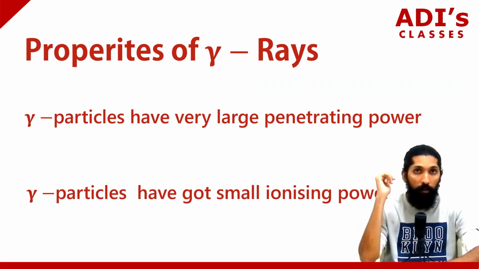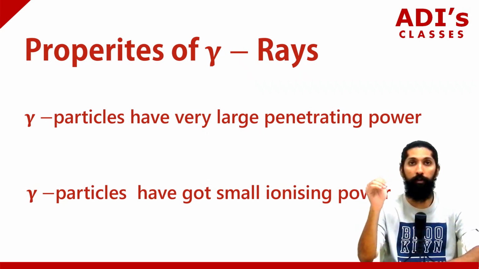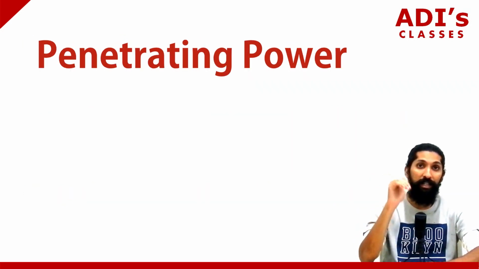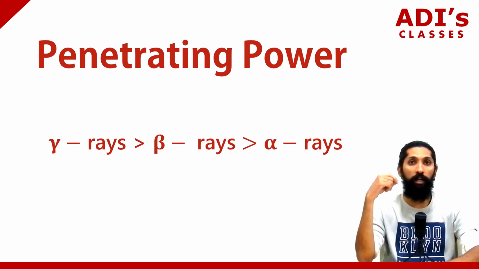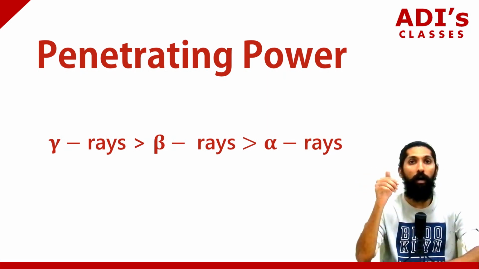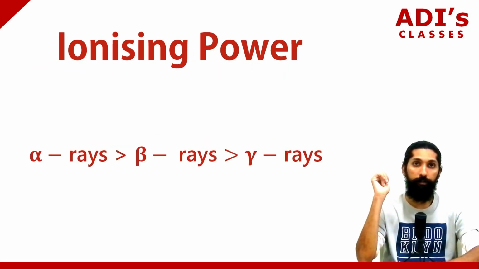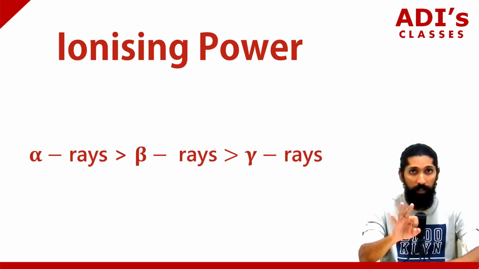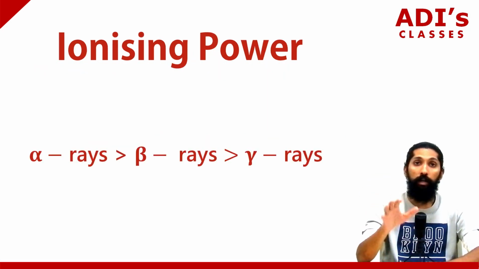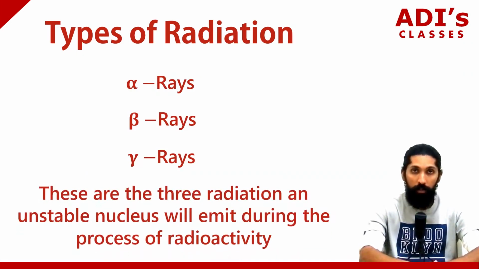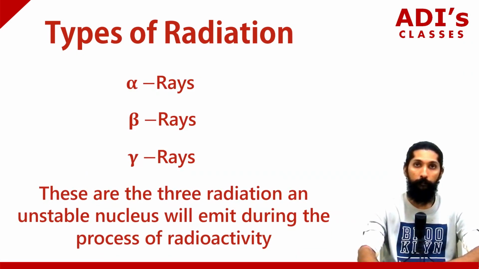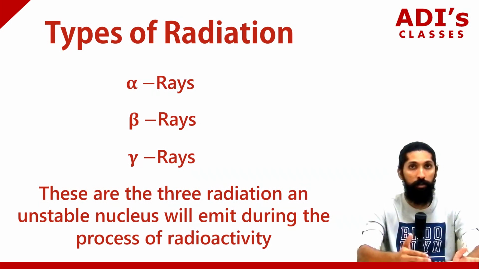So the gamma ray has the highest penetrating power, the alpha ray has the least penetrating power. The other way around, the alpha ray has the highest ionizing power, the gamma ray has the least ionizing power. So these are the 3 radiations that an unstable nucleus is going to emit during radioactivity. Now let's discuss the laws of radioactivity in the next upcoming video.